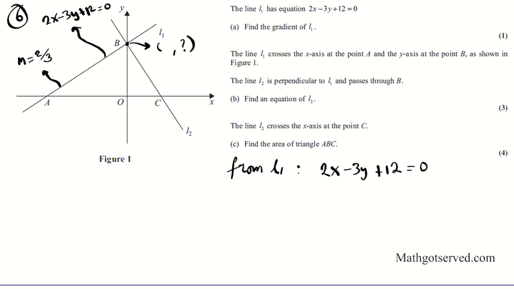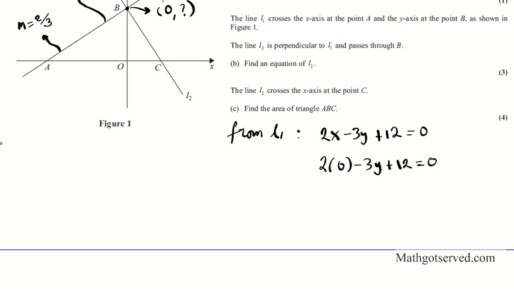If I plug that into this equation, whatever the resulting y value is, that's the y-coordinate of this point. So we set x to 0: 2 times 0 minus 3y plus 12 equals 0.